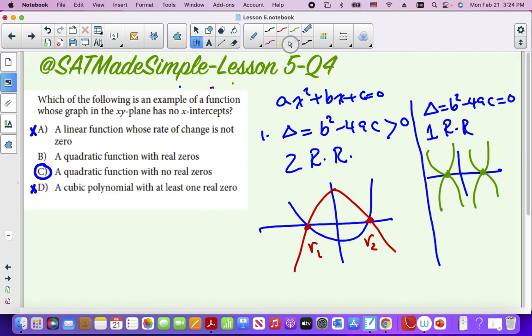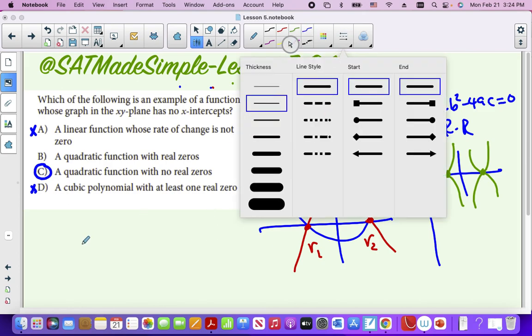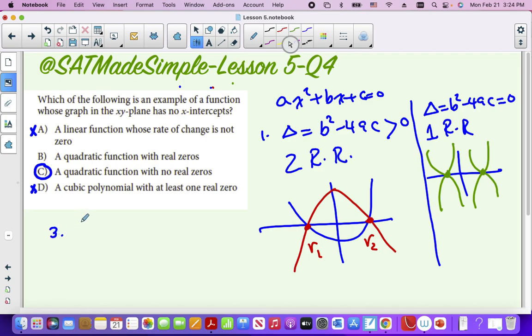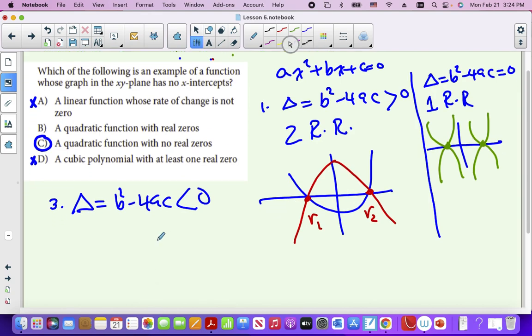The third scenario is if the discriminant delta, which is equal to b squared minus 4ac, is less than 0, i.e. negative, then there is no real solution, no real root.